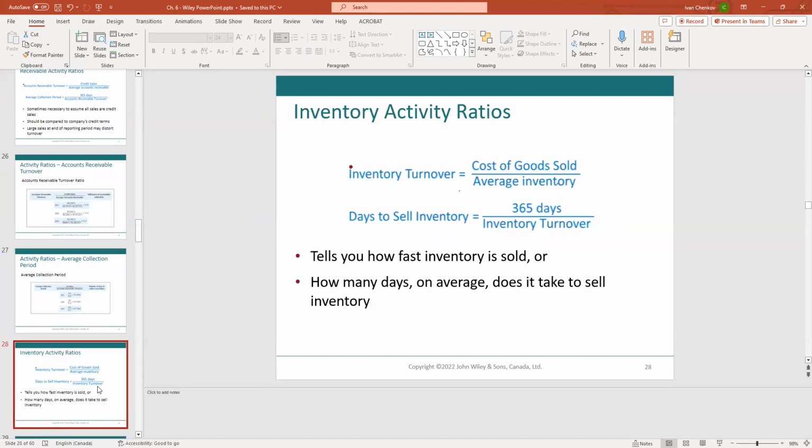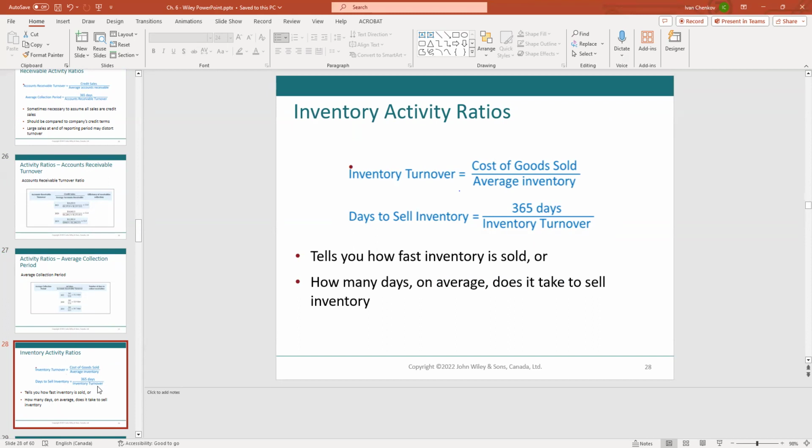Let's see how we're going to deal with inventory. Inventory means how many times we're selling our inventory. Inventory turnover is equal to the cost of goods sold divided by average inventory. Average inventory, again, is the beginning balance plus the ending balance divided by 2.